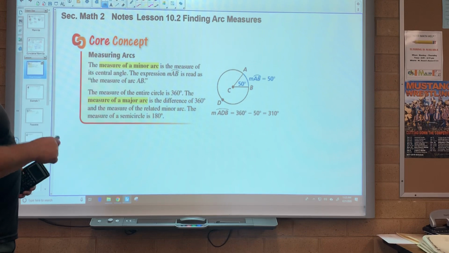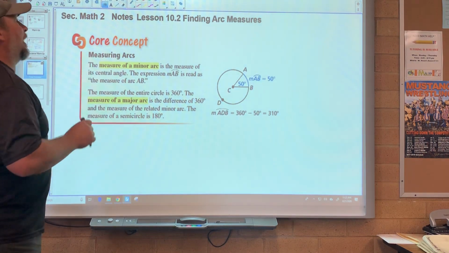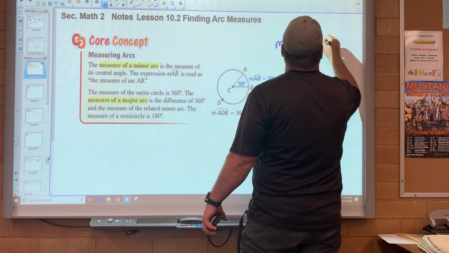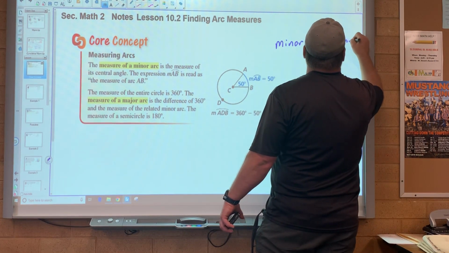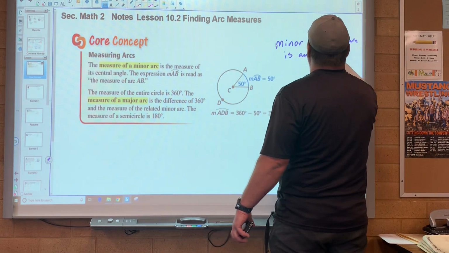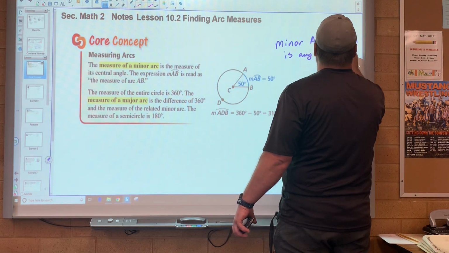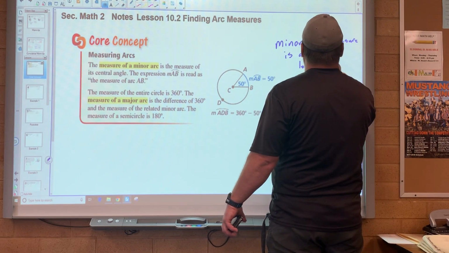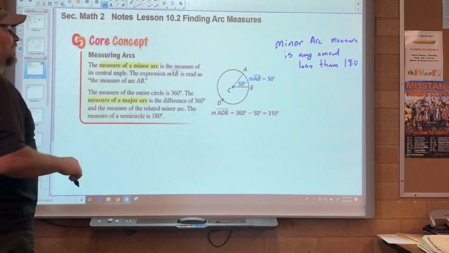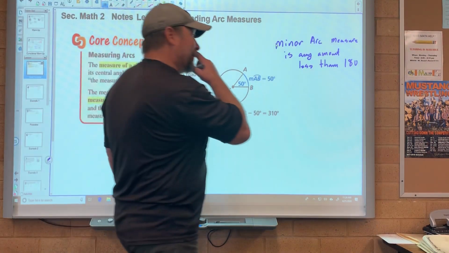A minor arc is any arc measure that's less than 180. A minor arc measure is any amount less than 180. Because if it gets to 180, then it's a semicircle.